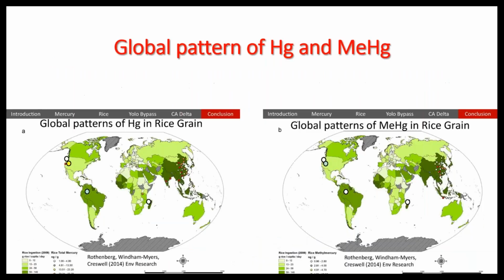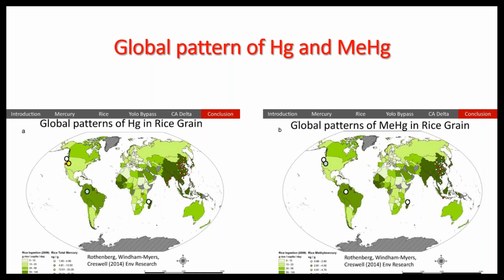Next slide, please. This picture, and I forgot to mention the origin of the pictures, shows the global pattern of mercury in rice grain and also the global pattern of methylmercury in rice grains.